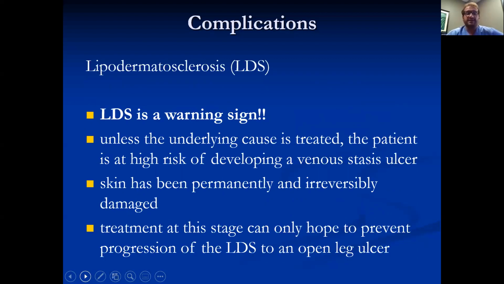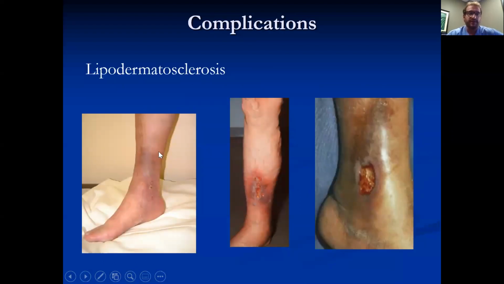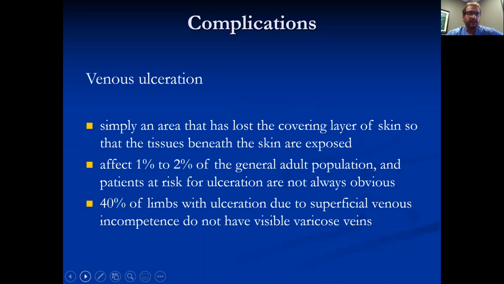When you see this, the patient really needs to be evaluated for treatment, because the only thing that happens after lipodermatosclerosis, if this isn't checked, is if they get a little bruise or a little ulceration or a little minor trauma, that then becomes an ulcer that we have to address. And in all these cases, you can see the ulceration, but the lipodermatosclerosis around it should have been a warning sign that brought them to treatment earlier than they came with the ulceration.